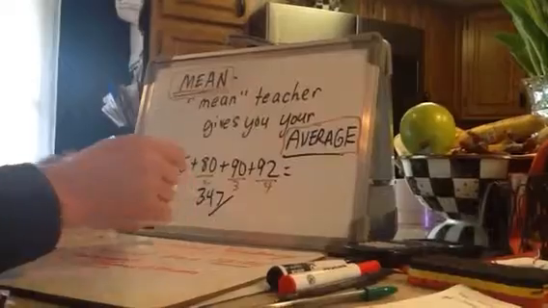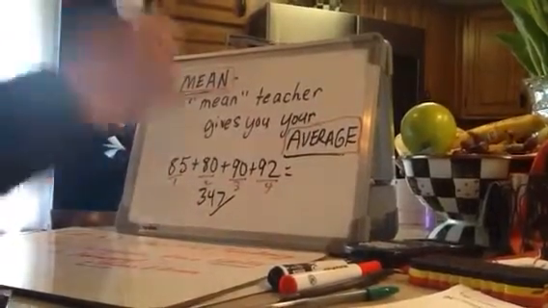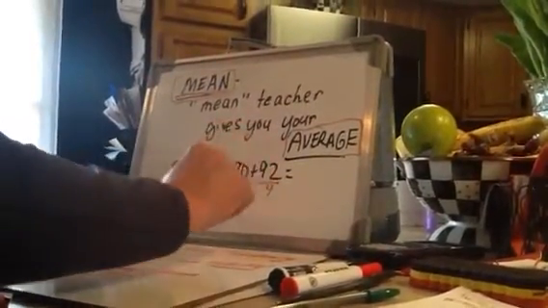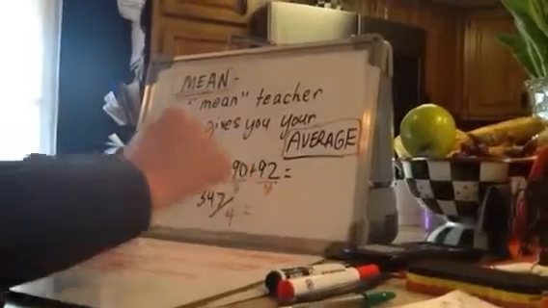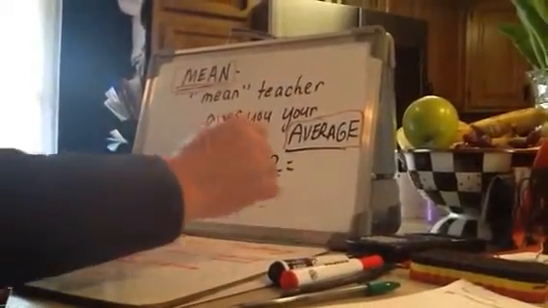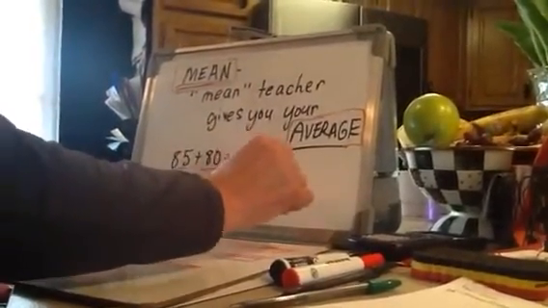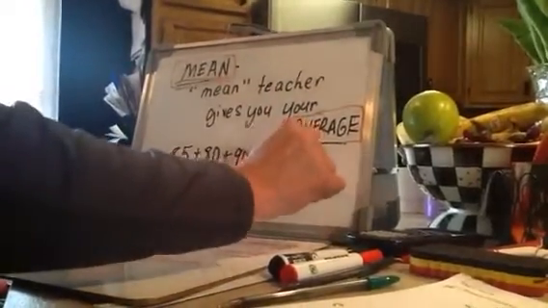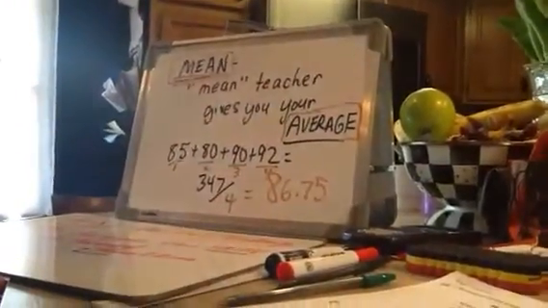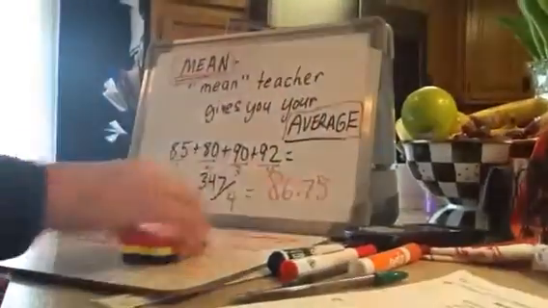You get 347, and you divide it by how many numbers there are, 4. So 347 divided by 4, your average would be 86.75. So that is how simple the mean is.